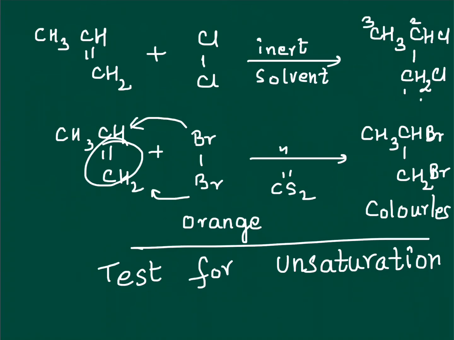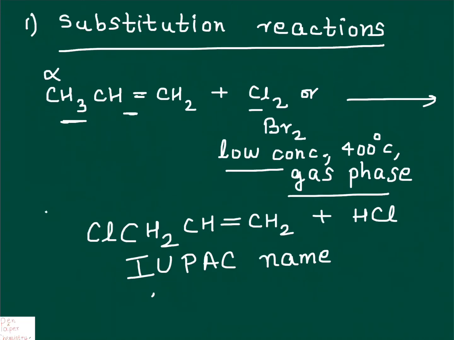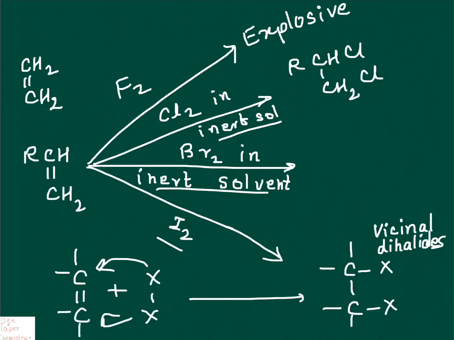There is another one we are going to do. Now you know why the conditions are very, very important in organic chemistry. When we reacted the same propene with chlorine or bromine in low concentration, high temperature, we got a substituted product.